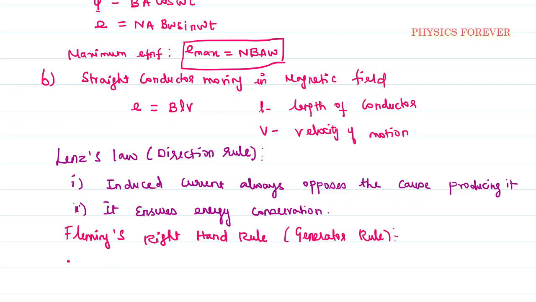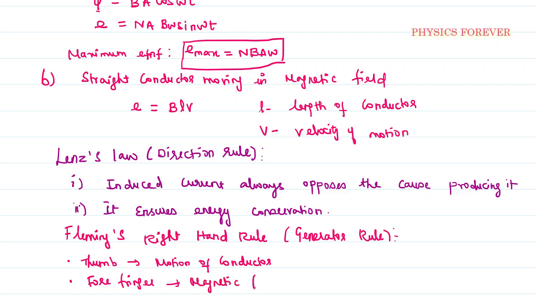You know very well, thumb is for motion of conductor, forefinger stands for magnetic field, and middle finger stands for induced current.